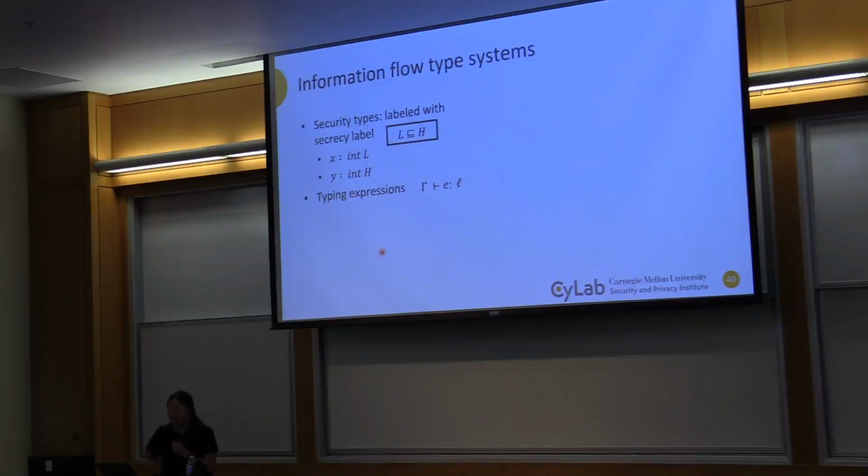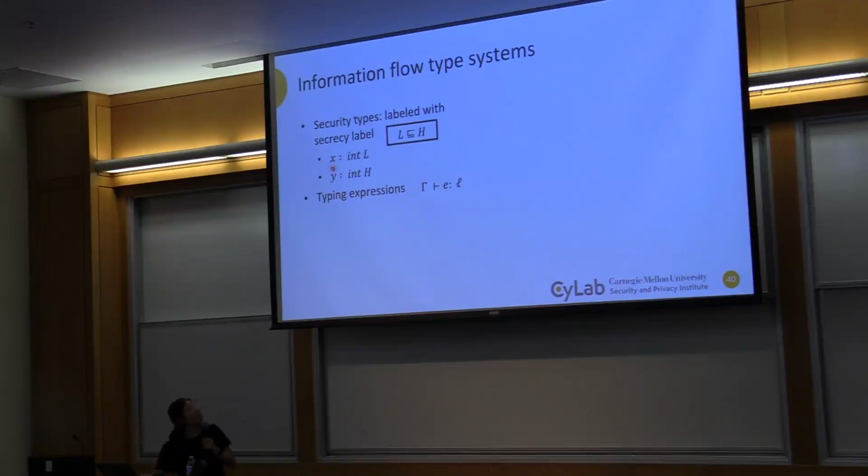I'm going to use two-point lattice labels, high and low. This is the same as public and secret, just different names. For example purposes, typically you have a typing context, so I have to type all my variables. In your typing context gamma, there's a list of these type mappings.